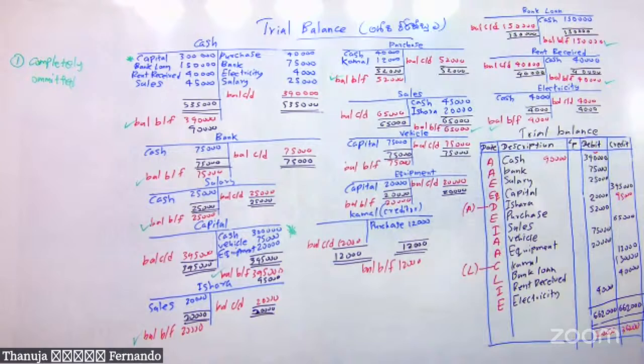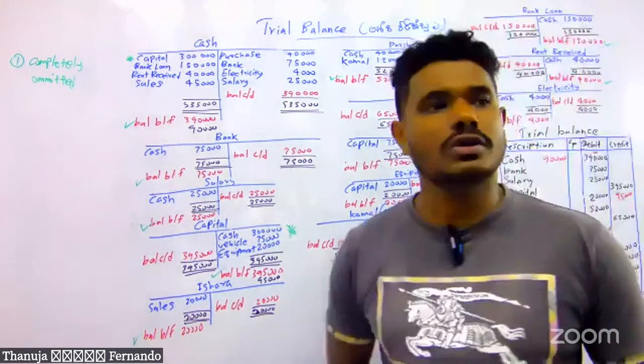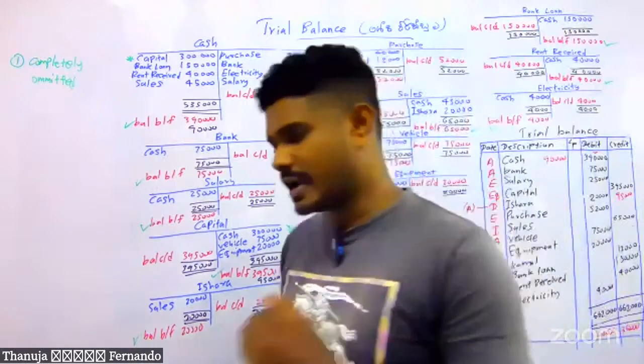Right, then write another topic, a sub-topic: errors that do not affect the agreement of trial balance.